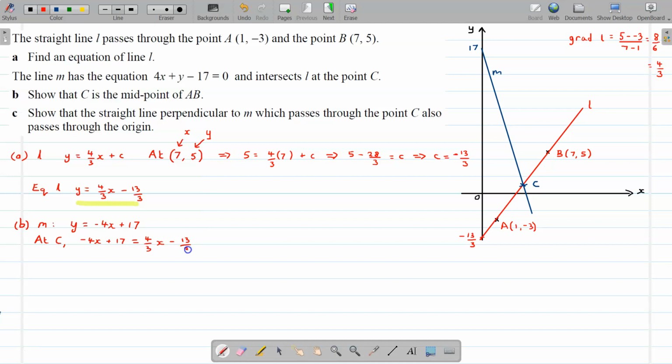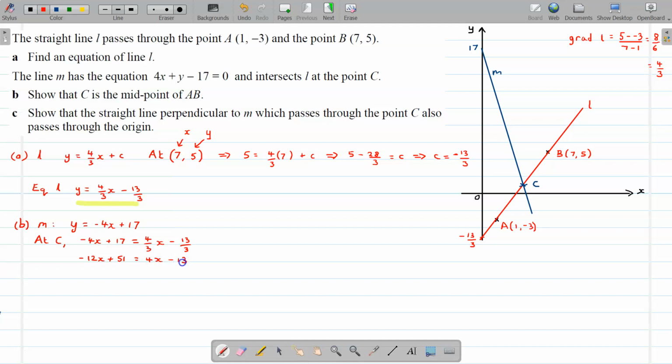Okay, and we have an equation now that just contains x, so we can find out what x is. If I just times everything in there by 3, that will clear the fractions for me. So I'm going to write it as minus 12x plus 51, 3 times 17. That gives me 4x minus 13.